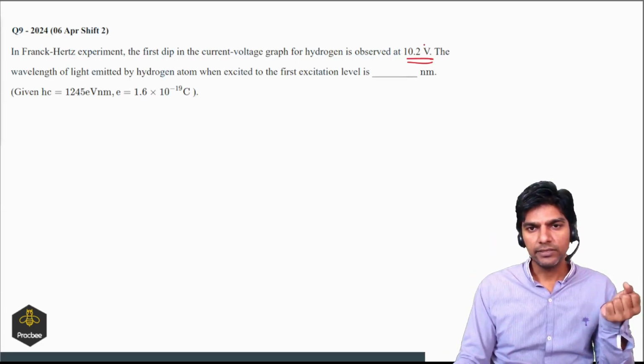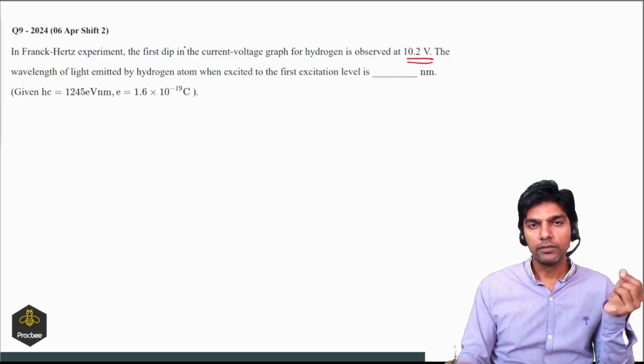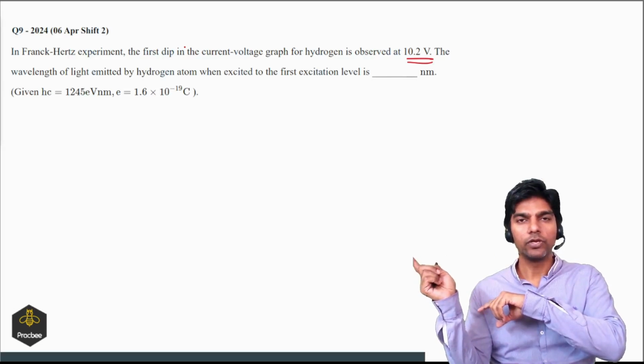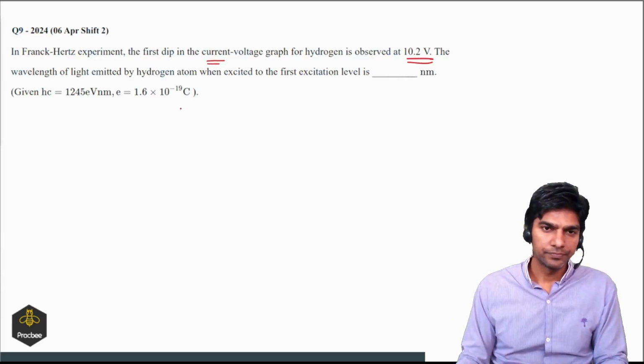Now in this case, the energy of the electron is 10.2 electron volt. So the hydrogen atom has acquired that energy. So that's why the electron which is reaching the collector plate will not be able to reach there. So that's why the current in the circuit will dip. So we can say the transition from the ground state to the excited state, and this energy gap will be 10.2 electron volt.